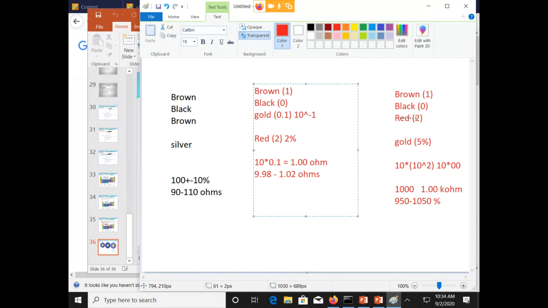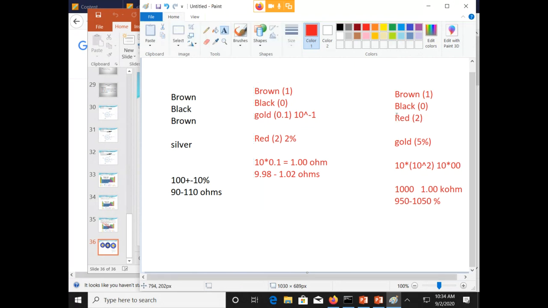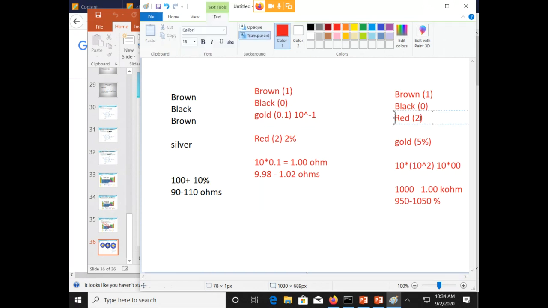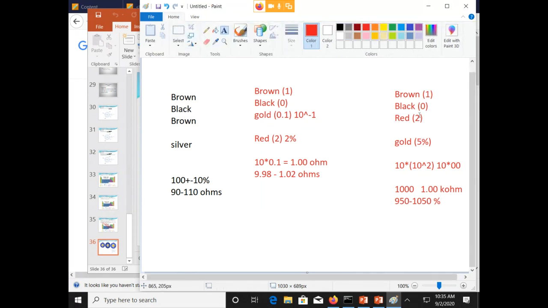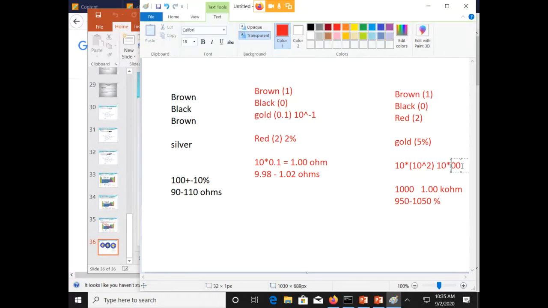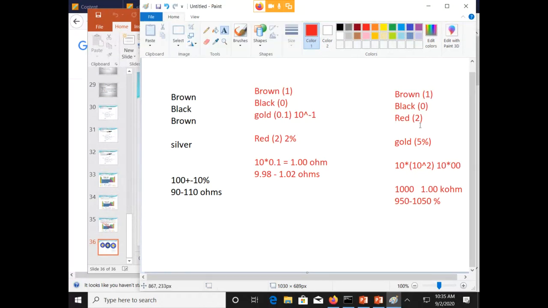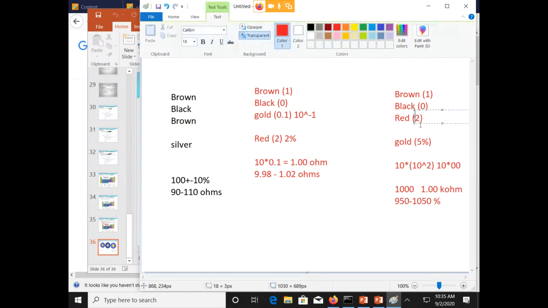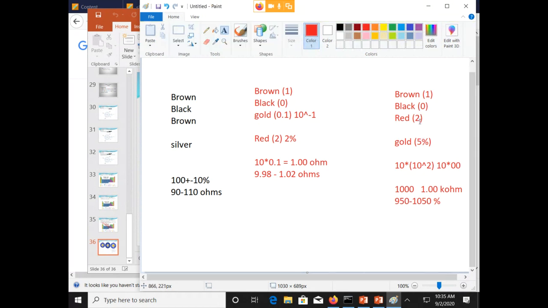Okay, so does that show you the difference? The third one is the multiplier. So if red is the multiplier, you take the first two numbers and then you basically multiply them by that many zeros. Okay, so red is 2, so then you basically tack on 2 more zeros.